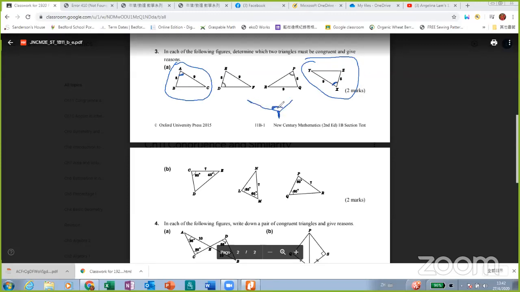It means the angle between these two lengths is fixed this time. Therefore, the shape of the triangle is also fixed. Therefore, these two are congruent. They must be congruent.